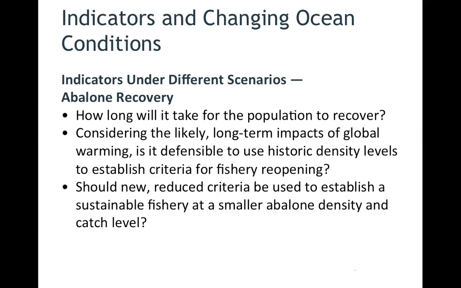Some of the questions that we got were around how long it will take for the population to recover, considering the likely long-term impacts of global warming. Is it defensible to use historic density levels to establish criteria for fishery reopening? Should new reduced criteria be used to establish a sustainable fishery at a smaller abalone density and catch level?